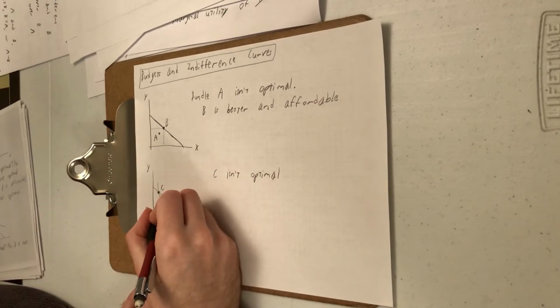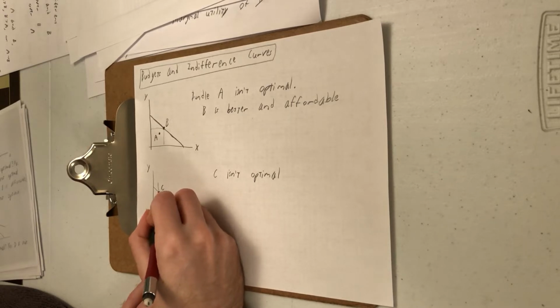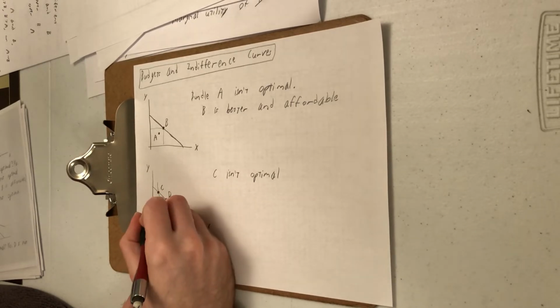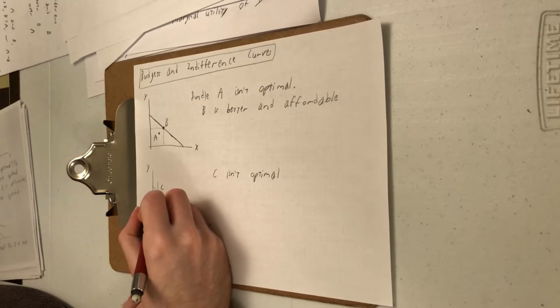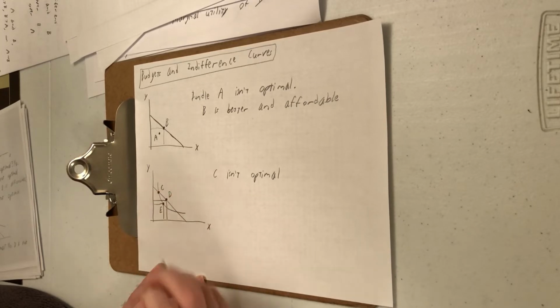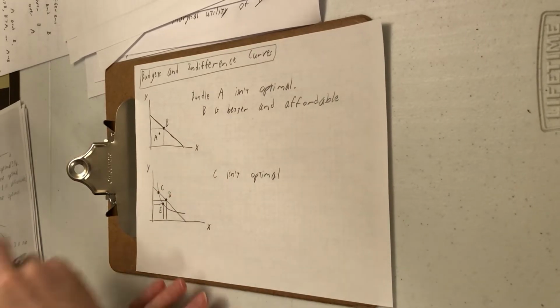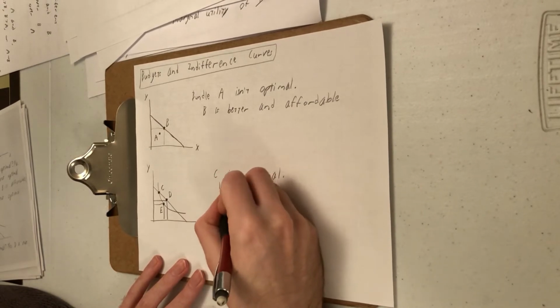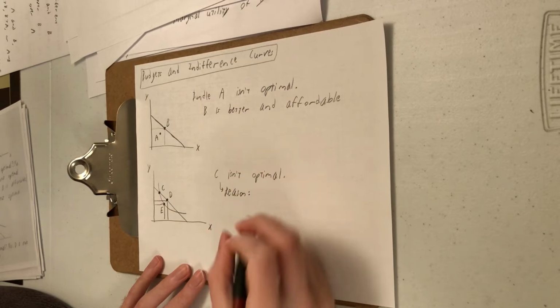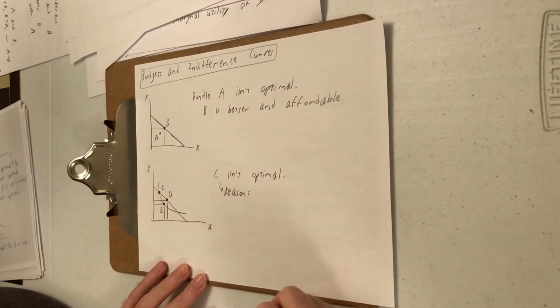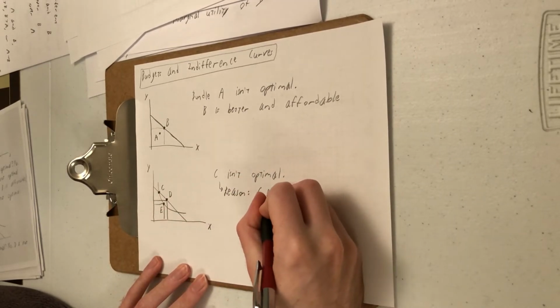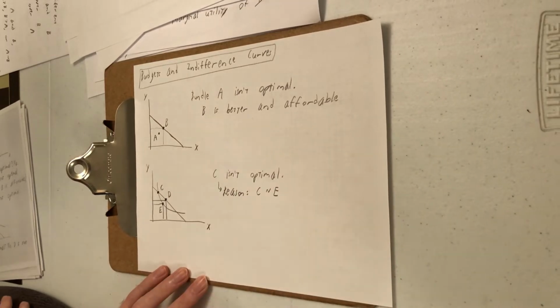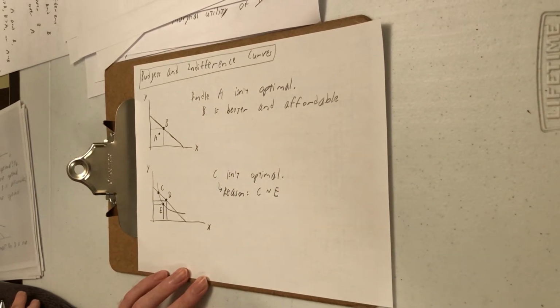You could compare D to some other bundle back here in the same indifference curve, like this one. Let's call it E. So you know C and E are both equally good. Remember, indifference curves connect all bundles that are equally desirable.